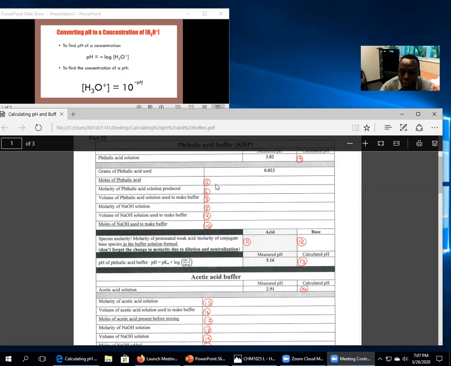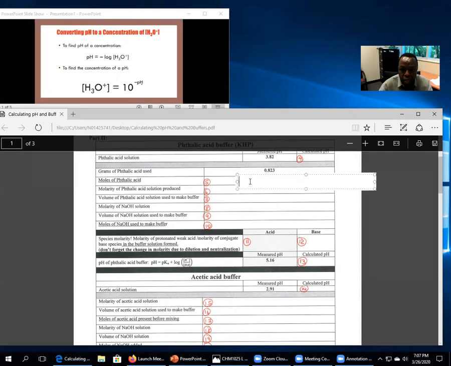So if you know the number of moles of hydrogen phthalate, write that down. I walked you through that in line 5. Say if it is XX, let's say, I'm just going to pick some numbers here, and say this line 5 is XXX moles. That's the number of moles of KH or KHP.